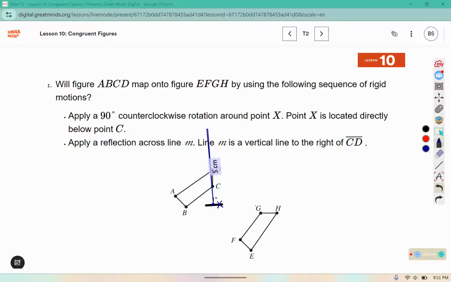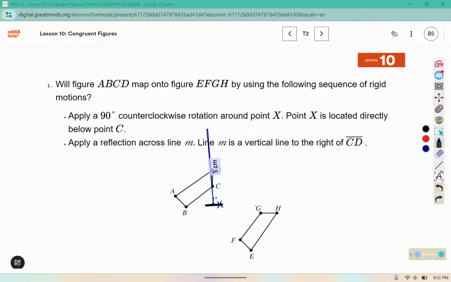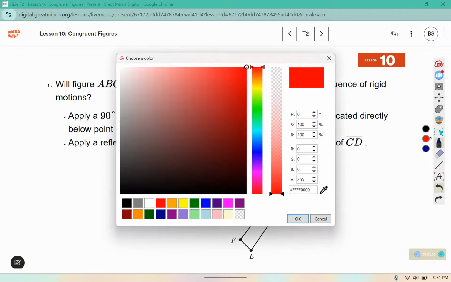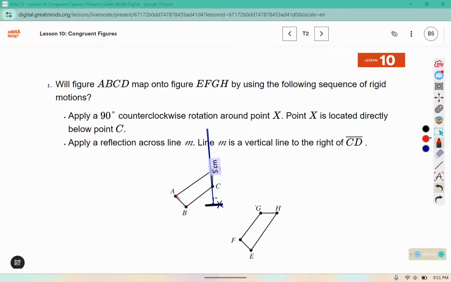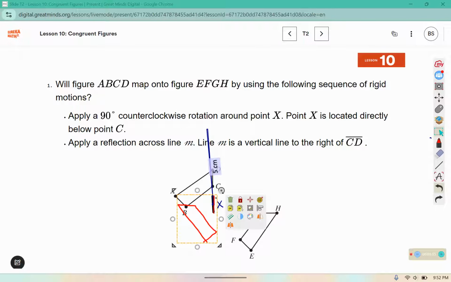Now I'm going to trace the figure A, B, C, D and the line through the center of rotation. Selecting both of those, I'm going to rotate until it lines up on the 90-degree angle mark. Remember to keep your pencil held on X.